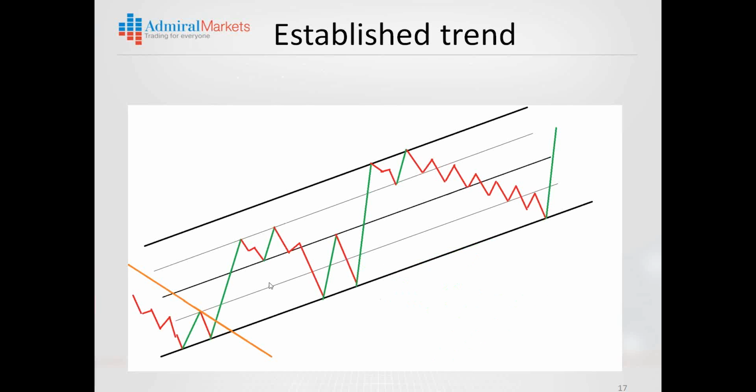Now the rationale, the psychology behind it, is that if the trend is too weak, it doesn't have a good slope, then there's just not enough power in the market to the upside to move this channel to the upside, and we'll probably see a break to the downside.